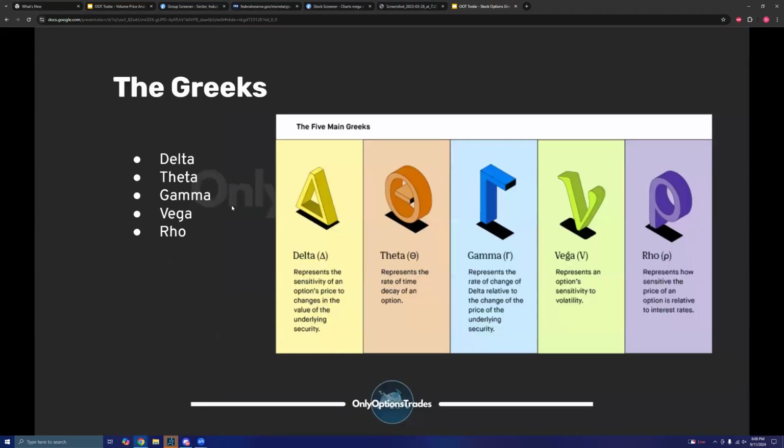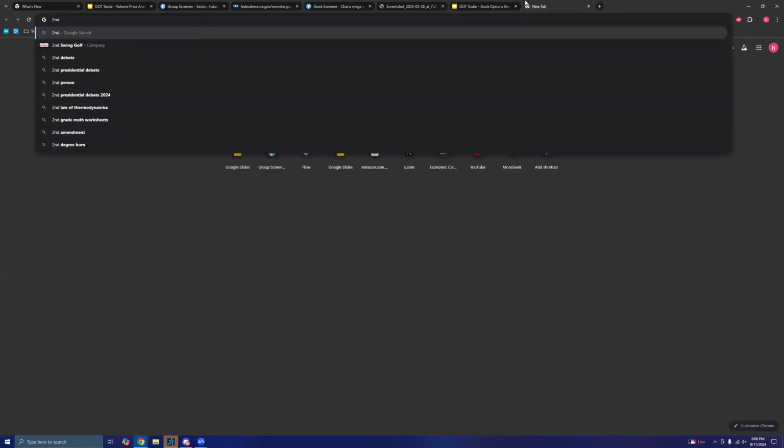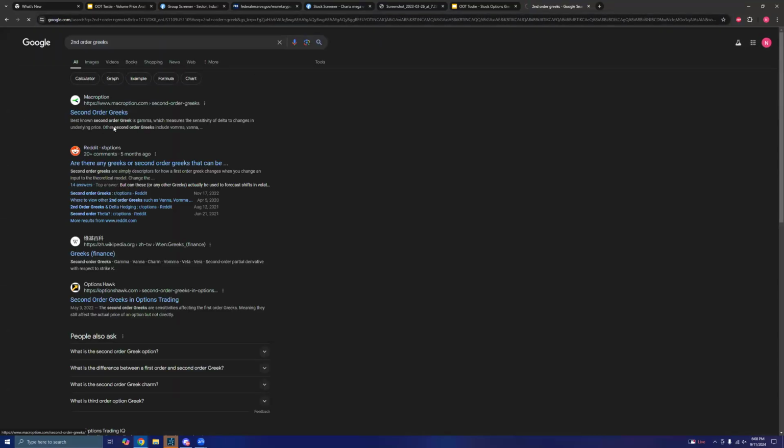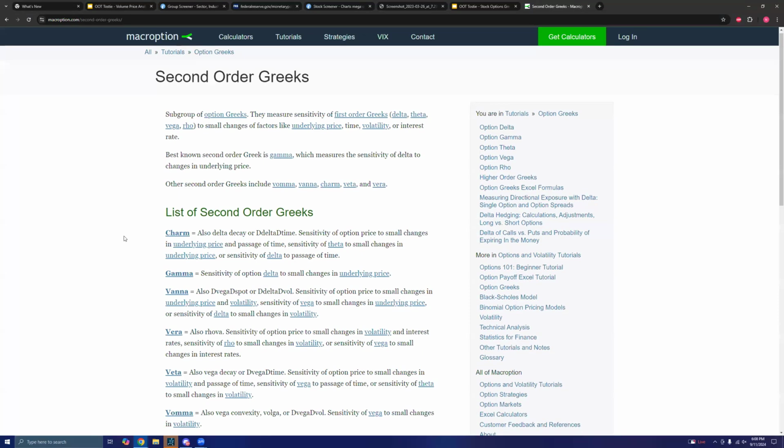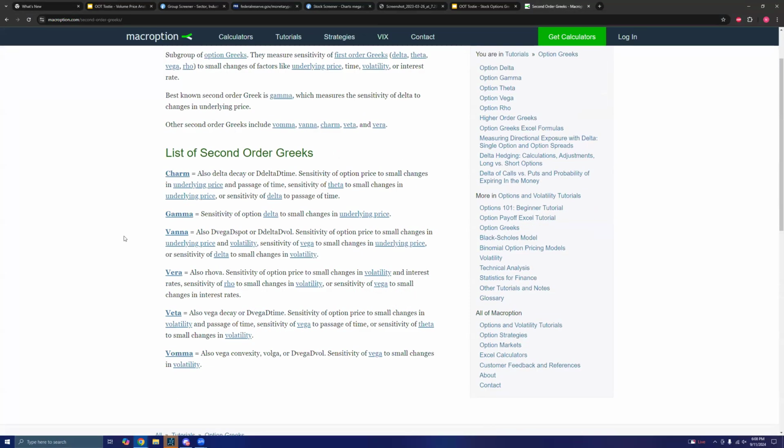Let's get going. So, like SK mentioned, the main five Greeks are delta, theta, gamma, vega, and rho. And for those of you who are already familiar with this concept, I want to let you know, with just a quick Google search because I don't actually remember these off the top of my head, there are also second order options Greeks, which are another level of complexity, called charm, vanna, vera, veda, and vomma, whatever the hell that is.